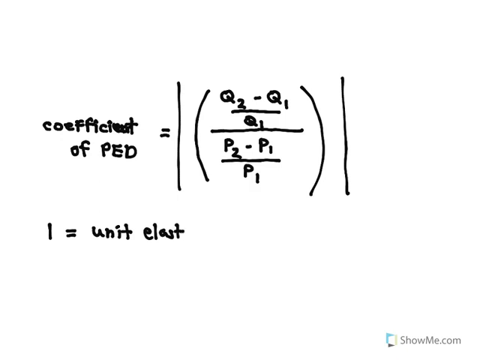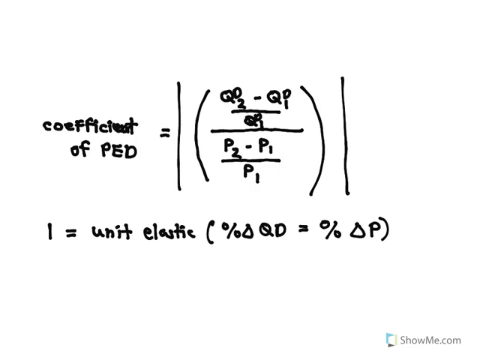Because what that would mean is that the percent change in quantity demanded, really these should be QDs, is equal to the percent change in price, which is exactly how we defined unit elastic in the first video on elasticity. We said if the price goes up 20%, quantity demanded falls 20%, it's unit elastic. And if you divide the same number by itself, you get 1. So that kind of makes sense, right?